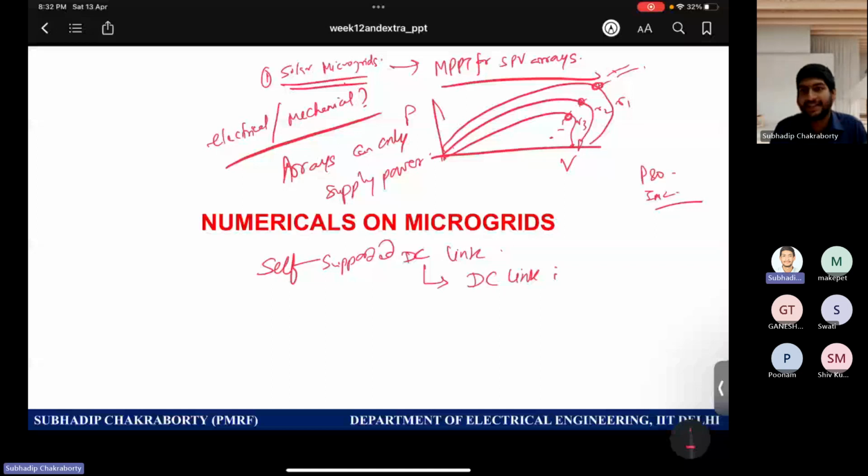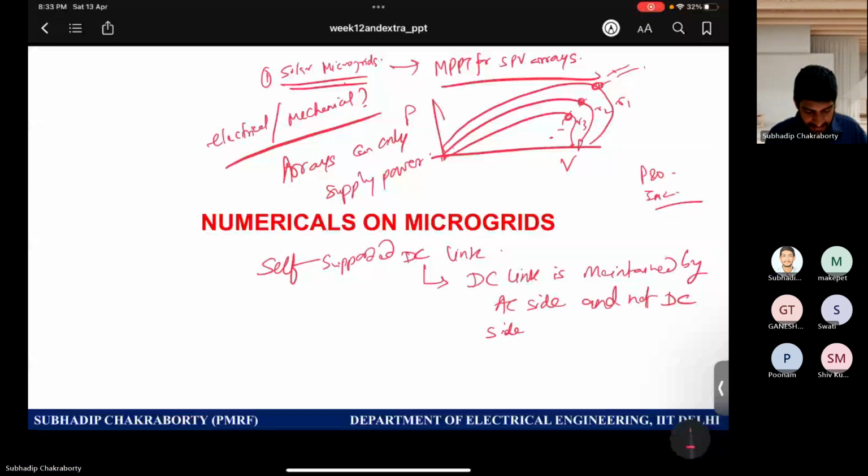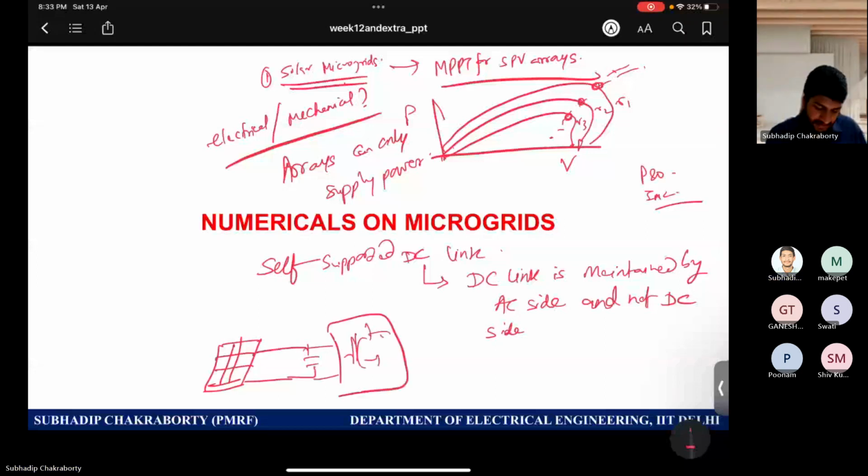Otherwise, if the DC side sources are deployed to maintain the DC link, like this, there is a capacitor, there is an IGBT-based converter, and there is a grid. Some interfacing inductors are there.